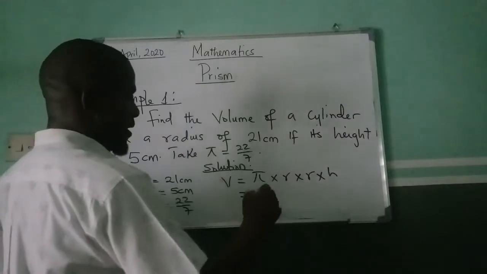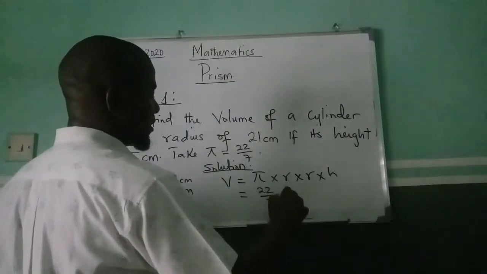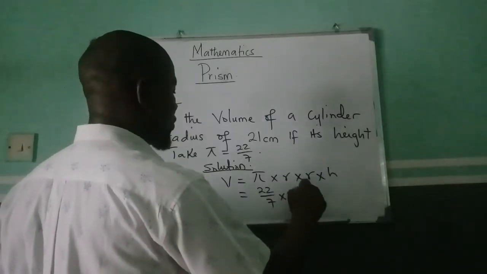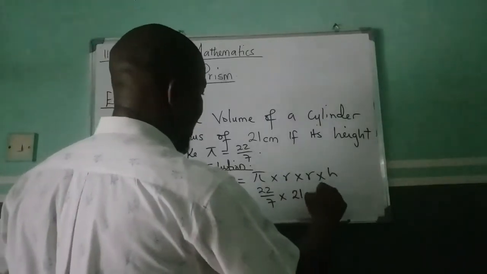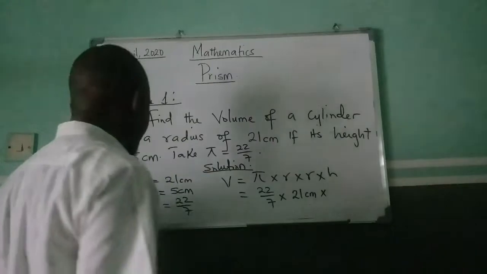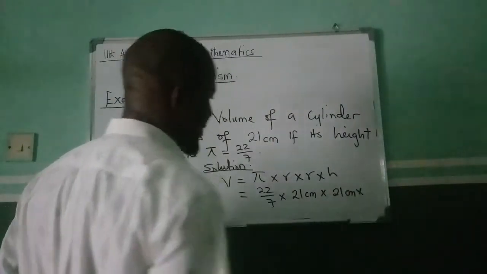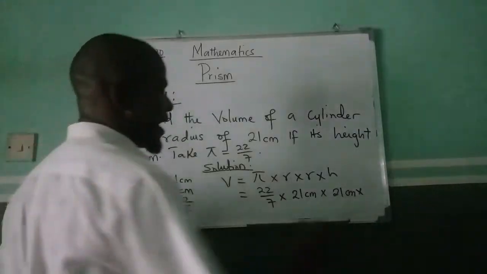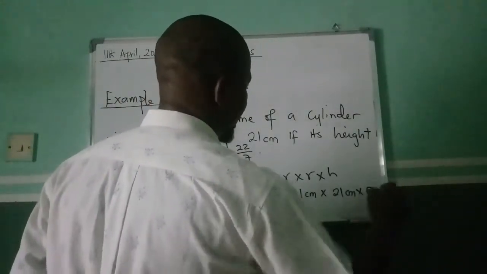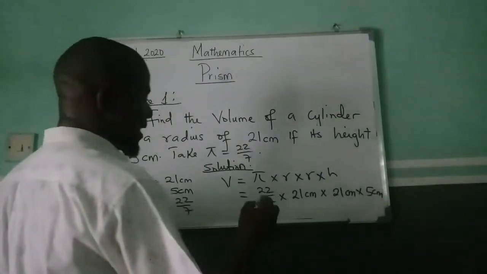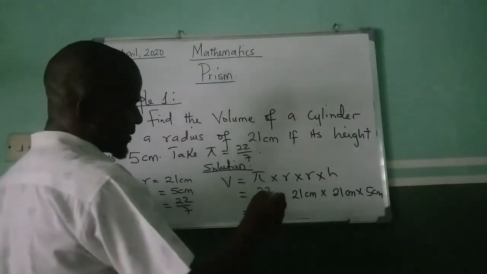And this will give me 22/7 times the radius, which is what? 21 centimeters times another 21 centimeters, then multiplied by the height, which is what? 5 centimeters. Right?